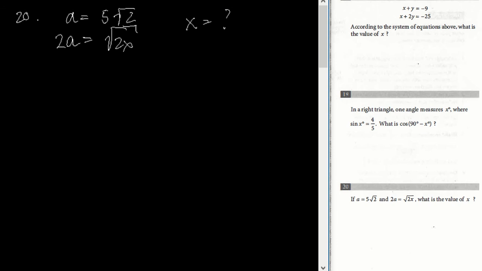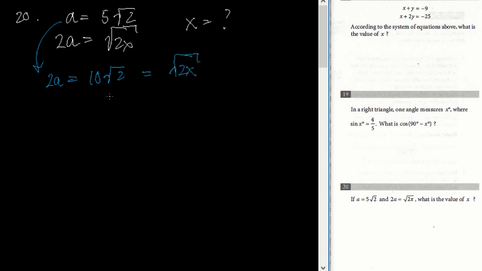So this is one of those problems where it's just a little bit of algebraic manipulation, right? So we're told that a is equal to 5 square root of 2, right? So let's take this and multiply everything by 2, right? So we'll get 2a must be equal to 10 square root of 2, right? And we're also told that 2a is equal to square root of 2x.